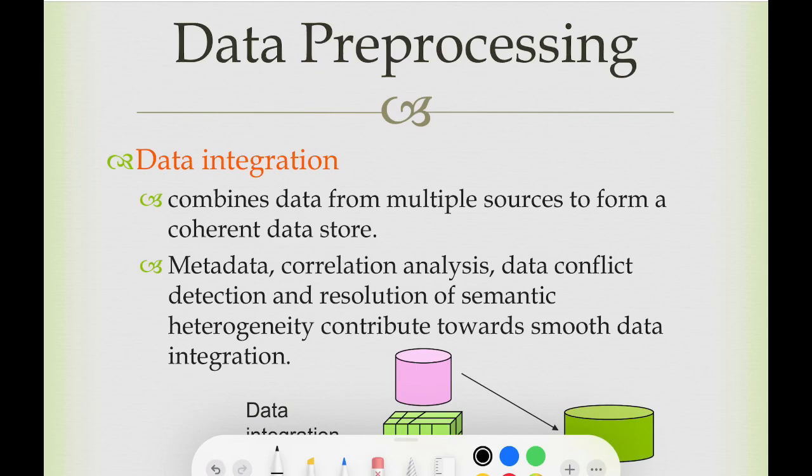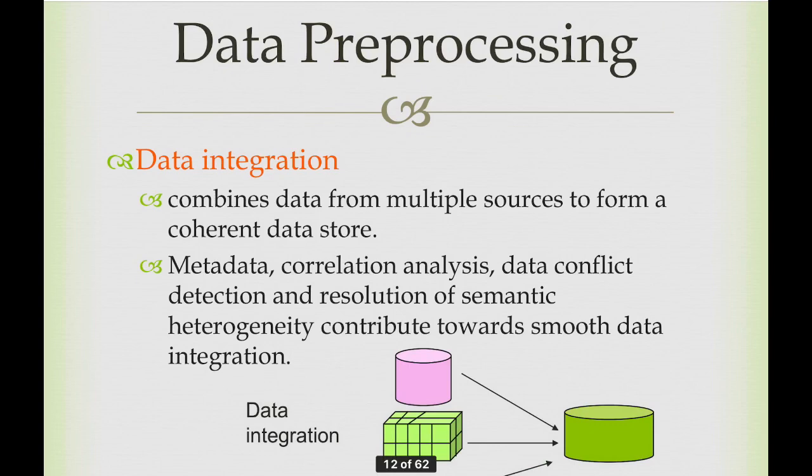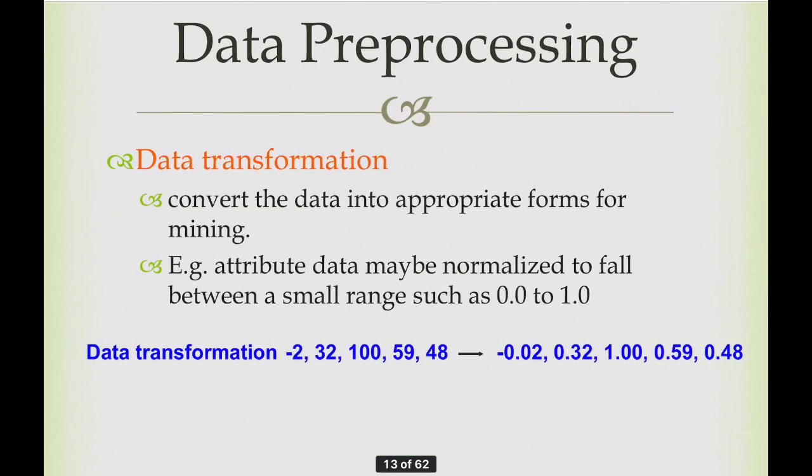Maknanya itu multiple source, so kita nak form a data store dekat sini. So in here, metadata, correlation analysis, data conflict detection and resolution of semantic heterogeneity contribute towards smooth data integration. But then this one will not be covered in our lectures. Sebenarnya you can do your own research on this later on.